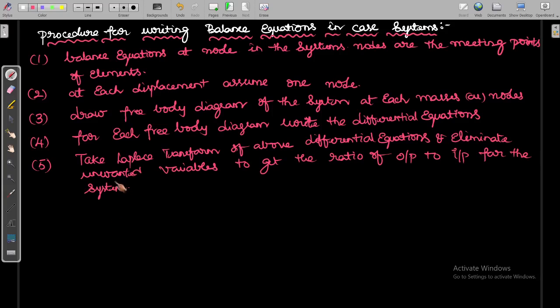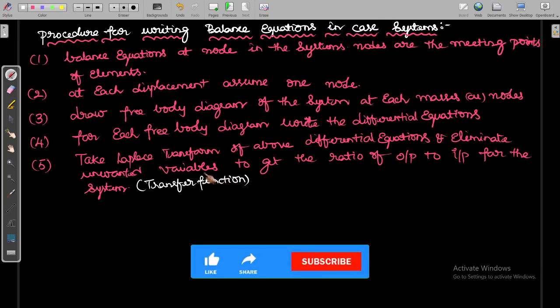This last step is for finding the transfer function. Sometimes only the differential equations may be asked, so four steps are for writing the differential equation, and this fifth step is for writing the transfer function.